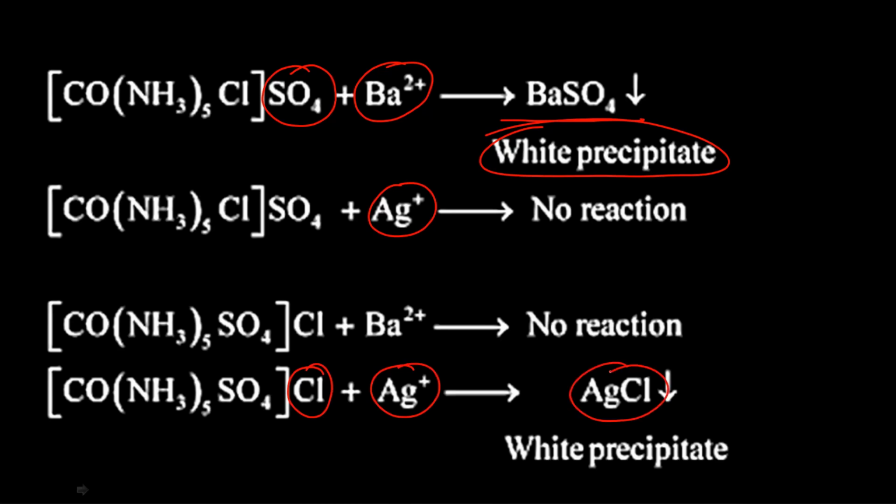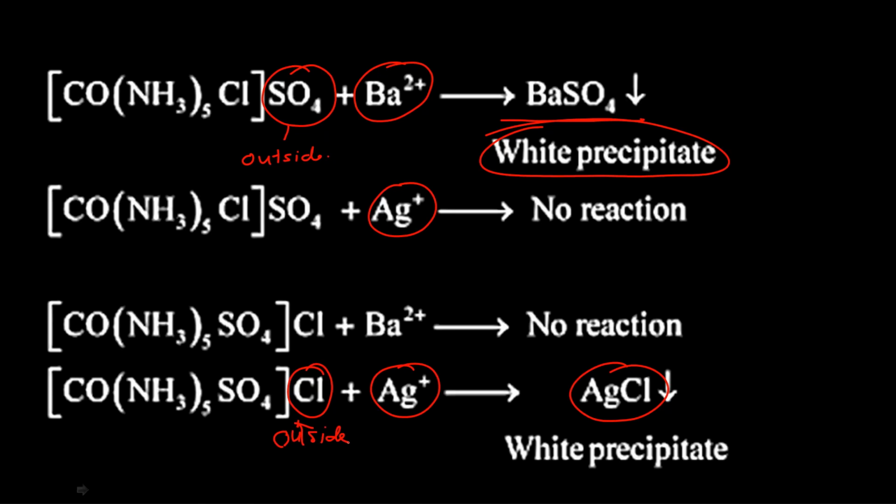So you will identify that here SO4 is outside, and in the second case chlorine is outside. This will give you the hint that these are ionization isomers.